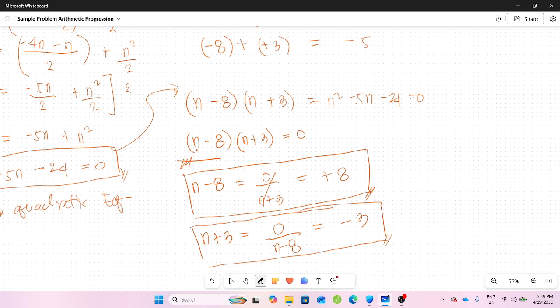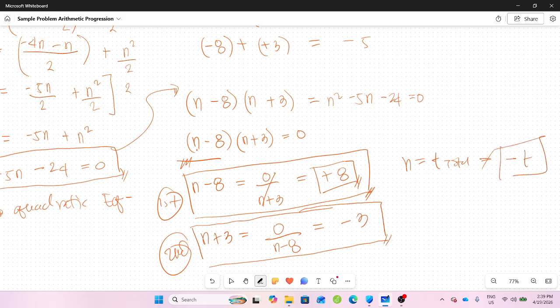The correct answer here is the first one, positive 8, because n here is the total time, and time should not be negative. Since this one is negative, this is not the correct answer. So the correct answer here is 8.